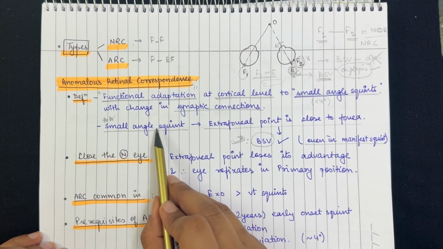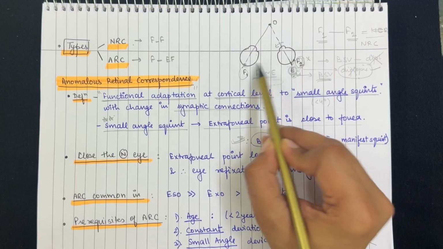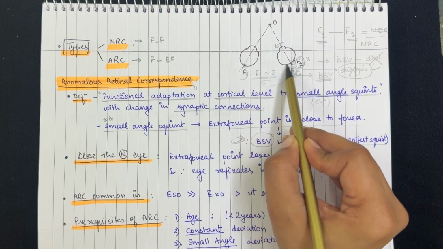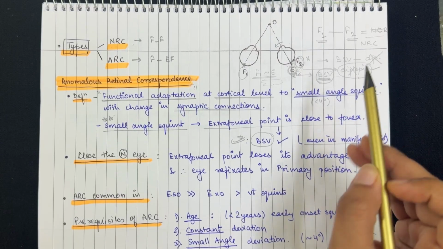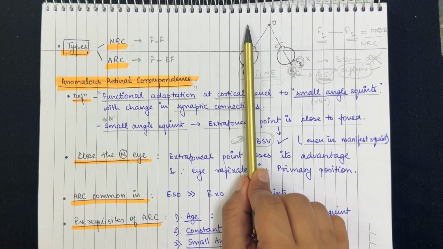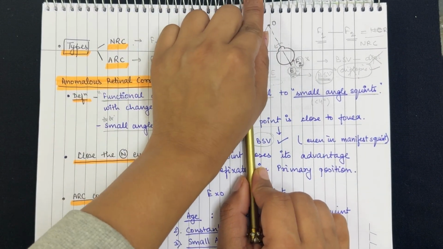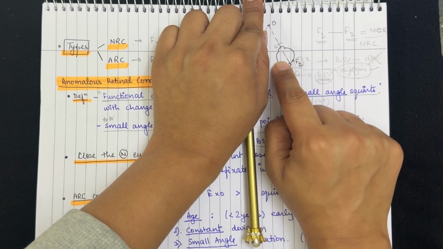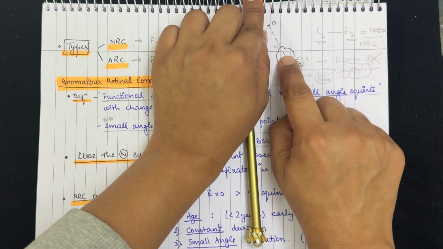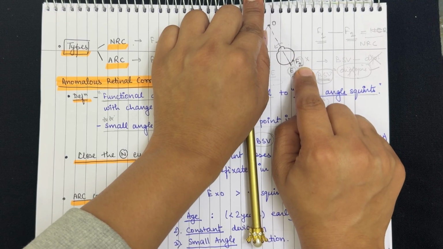So how do you break it? When the patient sees with both eyes open, it is perceived as binocular single vision. Now suppose I block this eye, closing the normal eye. The brain knows that to focus on this object, the fovea is the best place for the image to fall.